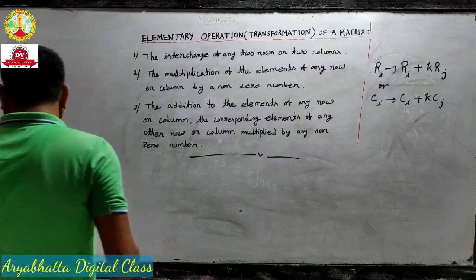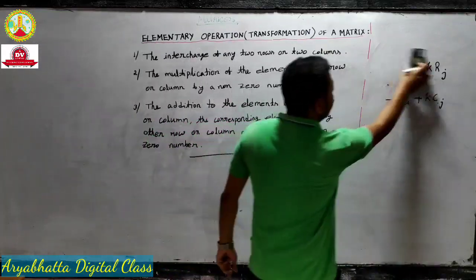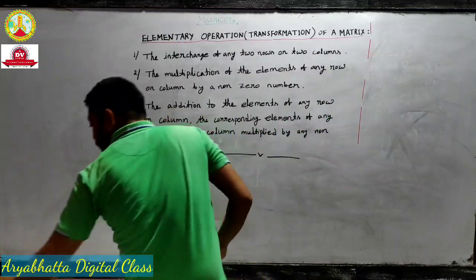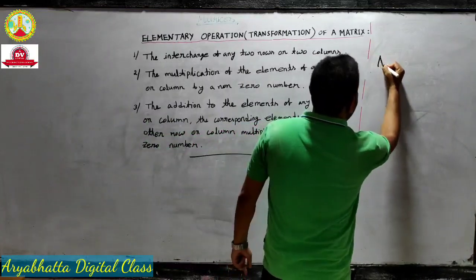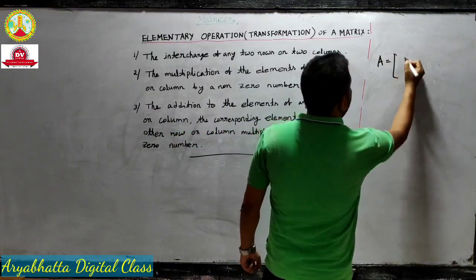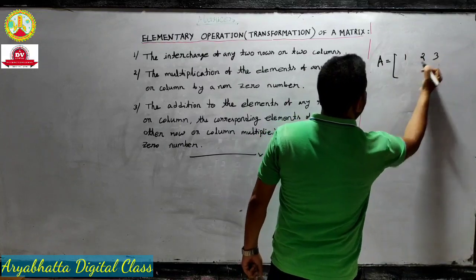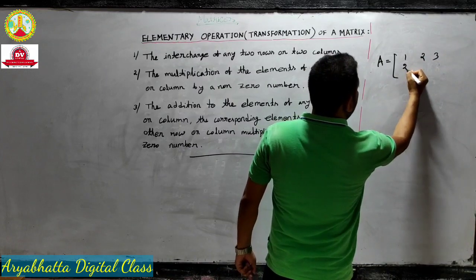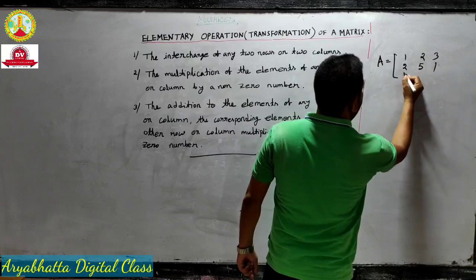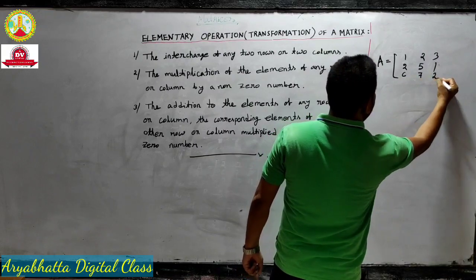For example, A equal to 1, 2, 3, 2, 5, 1 and 6, 7, 2.